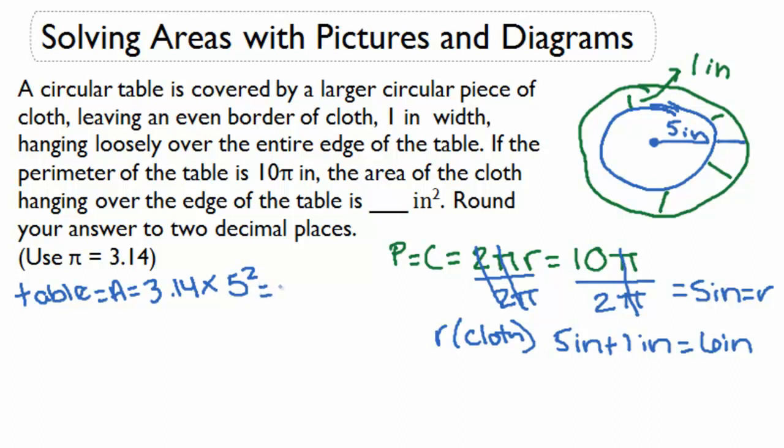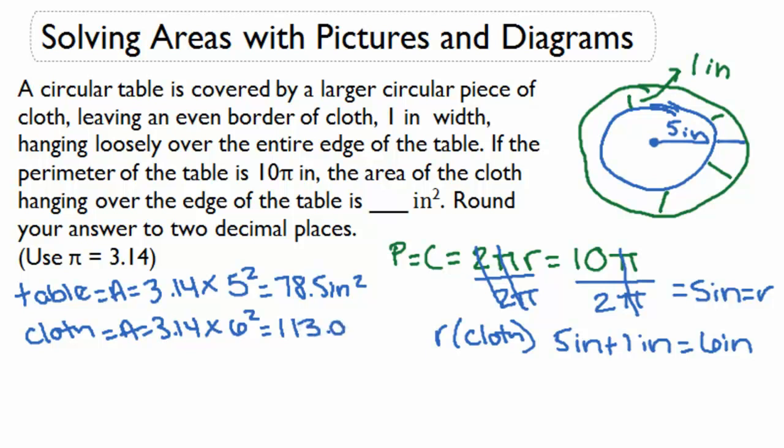This gives us a total area of 78.5 inches squared. Now the cloth has an area of 3.14 times 6 squared, which is equal to 113.04 inches squared.